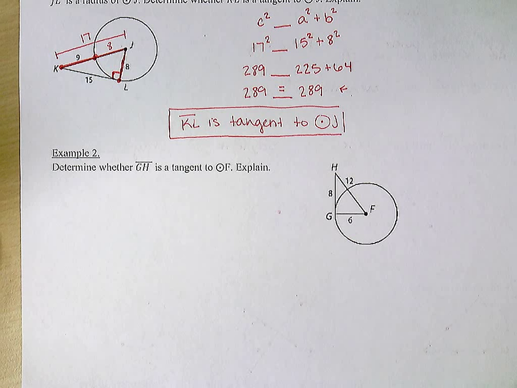Is it drawn to scale? No. So it could be this little and then 6 is like this. 64 plus 100. That's 18 squared. 324. It's not.